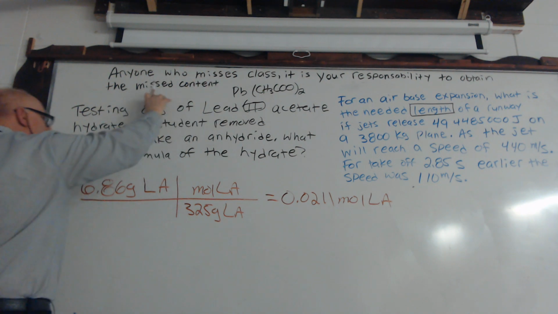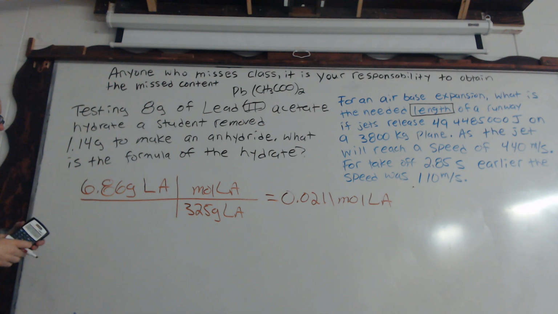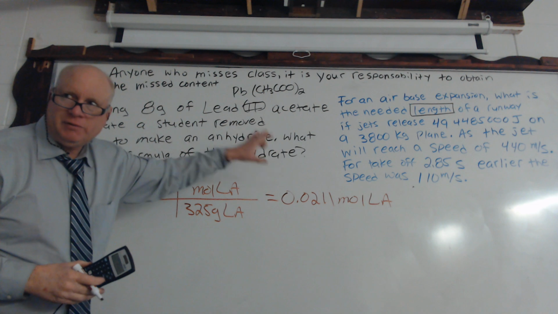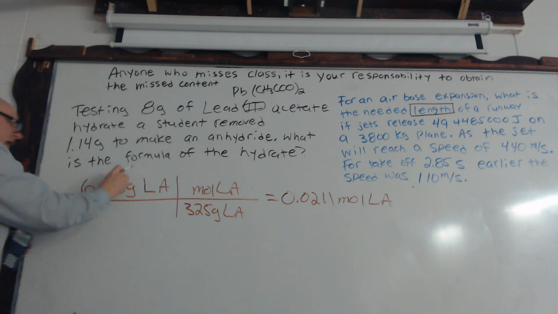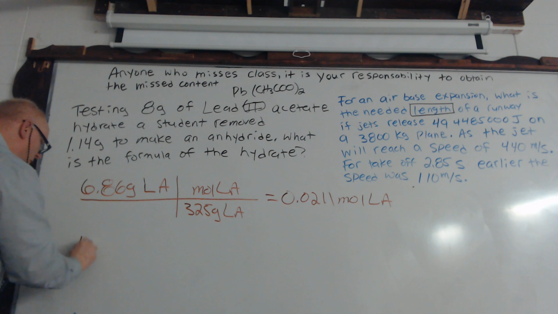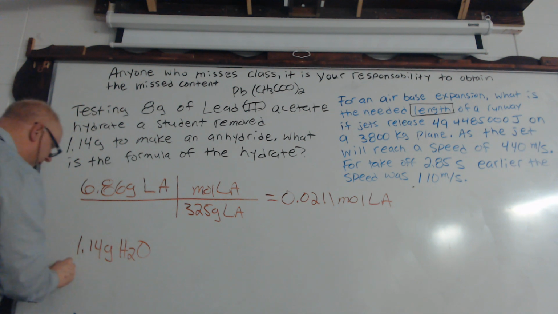So then if they removed 1.14 grams of this water to make the anhydride, which means a substance without water in it, that is what we found here, which means 1.14 grams of water now.